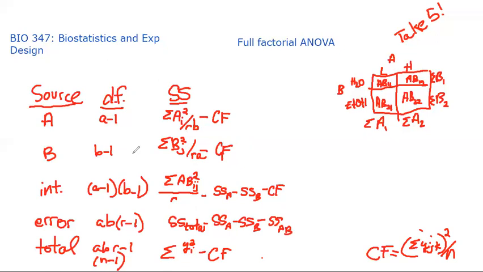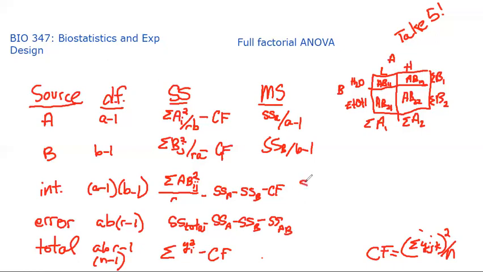All right, so that's the sums of squares, and the mean squares are just the sums of squares divided by their degrees of freedom. So we'll do the first one. That would be sums of squares of A divided by A minus 1. Sums of squares B divided by B minus 1.